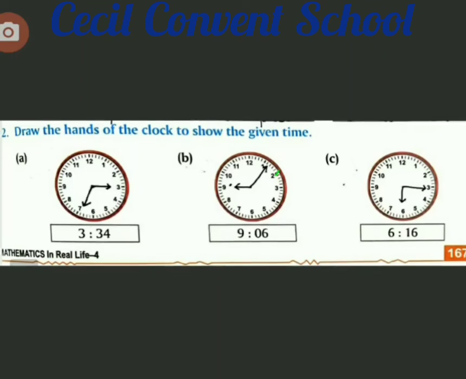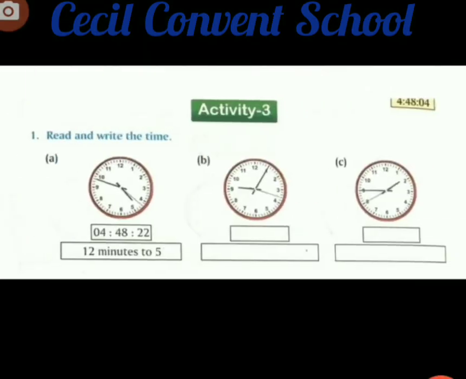Clear? Now student, we do activity 3. In this we have to write hours, minutes, and seconds also, in the same manner as we have done in activity 1 and 2. Clear? Firstly, the small hand, the shorter hand, is between 4 and 5, so you write 4. Then you see minutes.